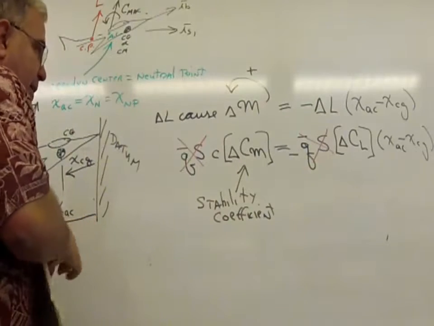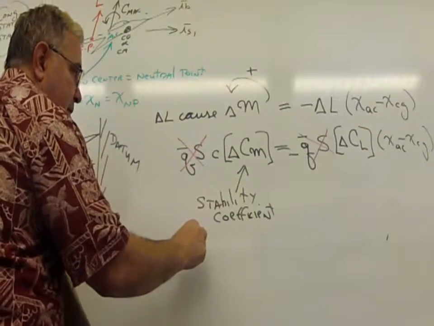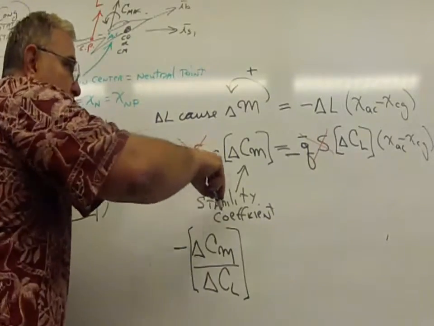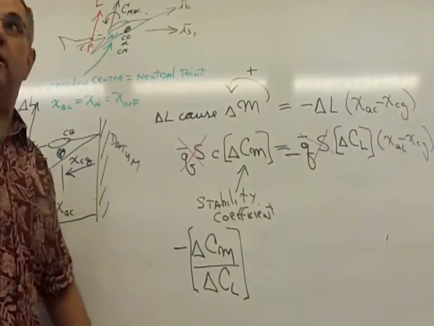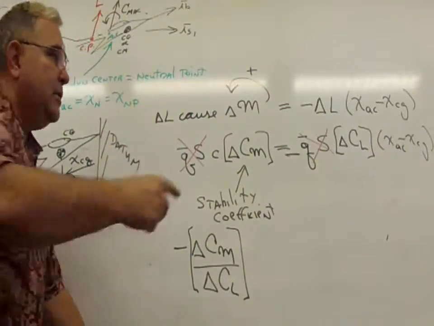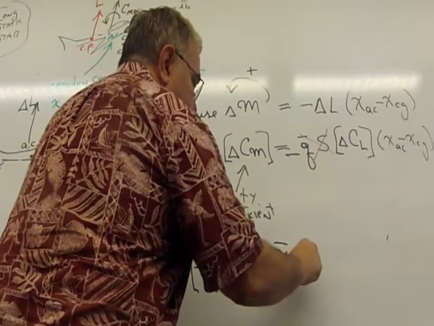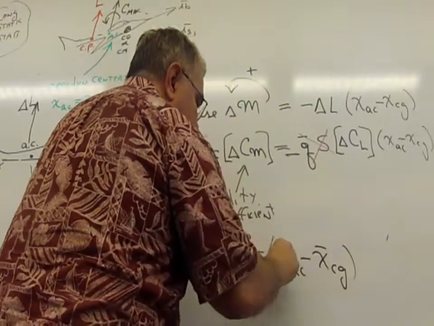So my net formula is going to be delta Cm. And what happened to the C? Well, I'm going to bring the C over to the aerodynamic center and normalize those lengths into percents. So this is going to become equal to x bar AC minus x bar CG.